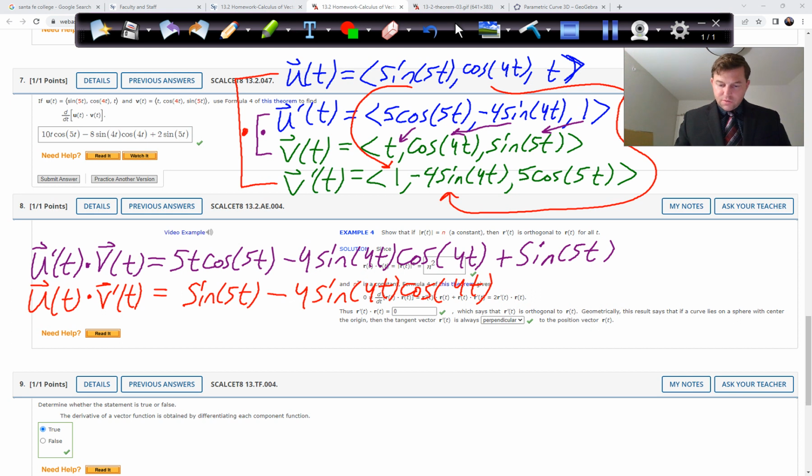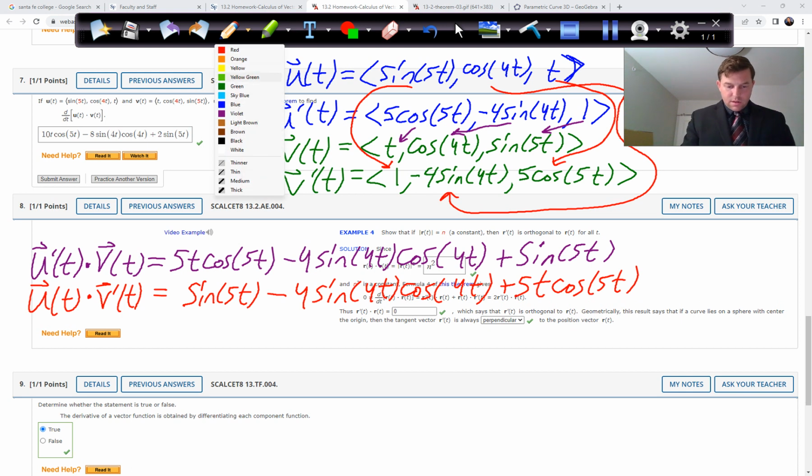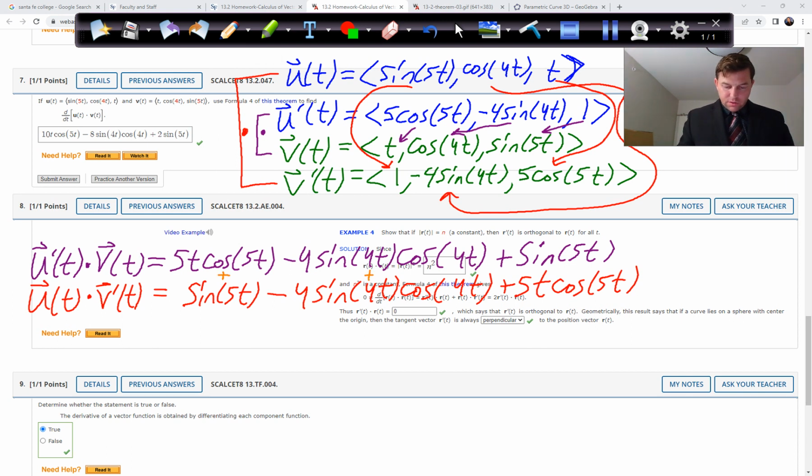Then the last two are the third, which is t, with the third, which is 5 cosine 5t. So we're going to get plus 5t cosine 5t. And we are adding, boy, I'm running out of colors on this one, we are adding all these three terms together.